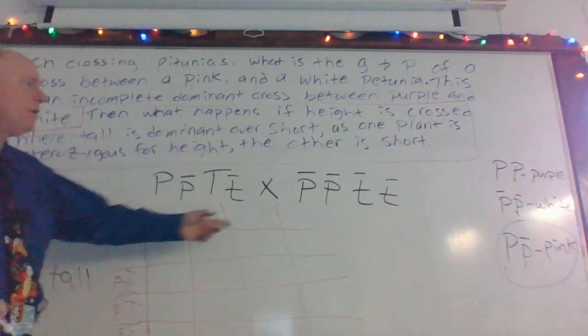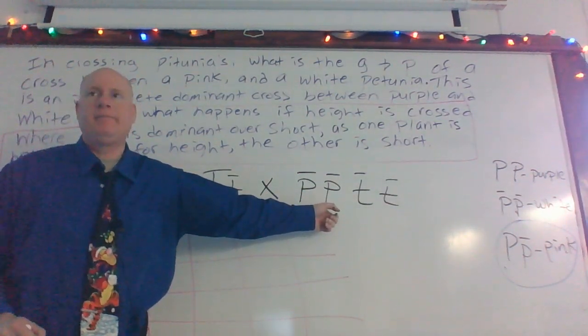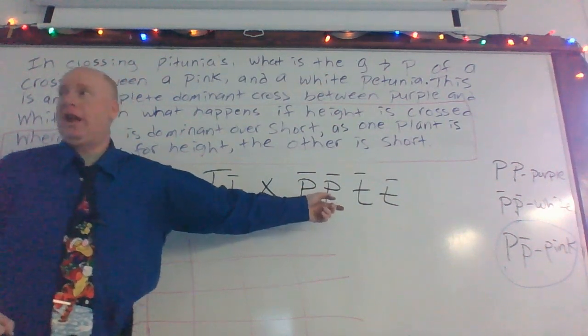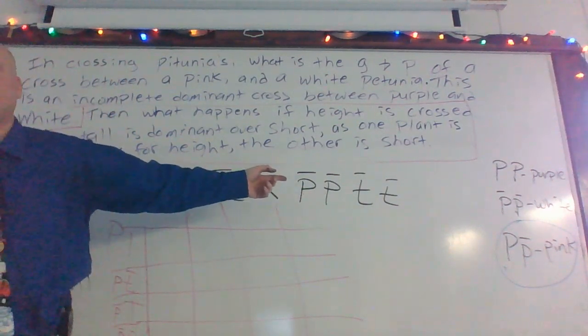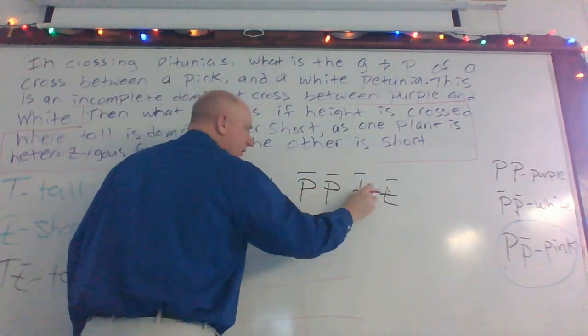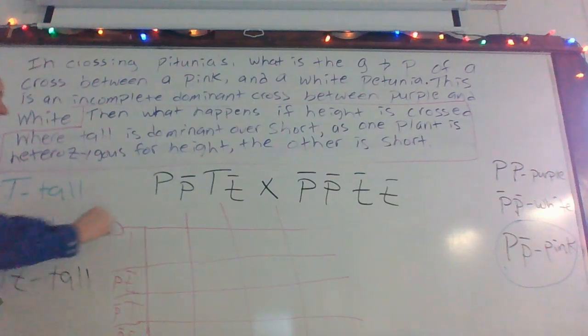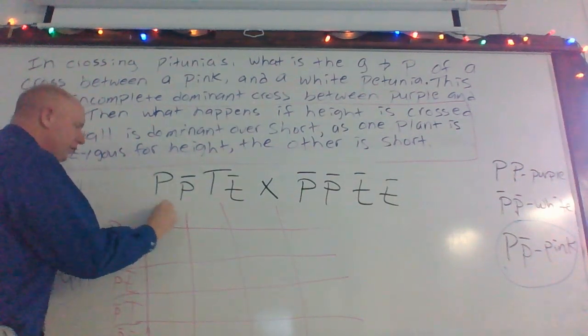Do we have to worry about filling this one out? No, because they're all the same. How many of you knew that going into this? Yeah, because little p, little t, little p, little t, little p, little t, little p, little t. Again, they're all the same. There's no variance here.